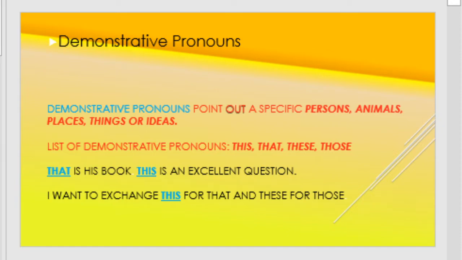This is an excellent question. I want to exchange this for that and these for those. This is singular, these is plural, that is singular and those is plural. But all of these words are demonstrative, from the word demonstrate, meaning show.